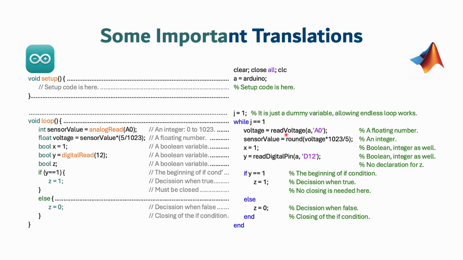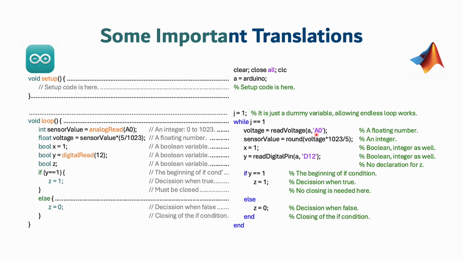Even this one is case sensitive because the V is uppercase. If you write it as lowercase, the program doesn't run. A represents the hardware we have declared above. A0 with primes before and after represents the pin at which the sensor is attached.